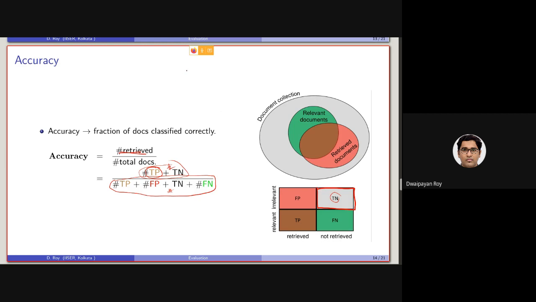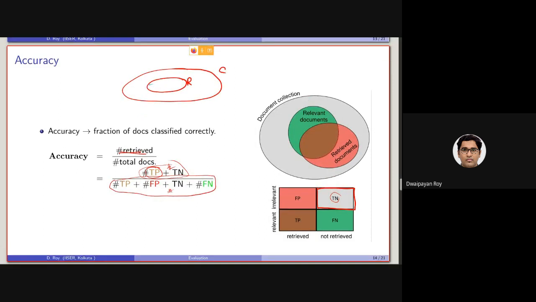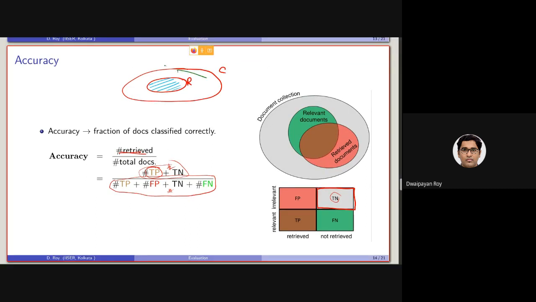So if I consider the same diagram again, this is the collection and this is the set of relevant documents. So this is the set of relevant documents, and this is the set of non-relevant documents. So these are the true values, right? So it will not be the number of retrieved documents, but the number of truly labeled documents.